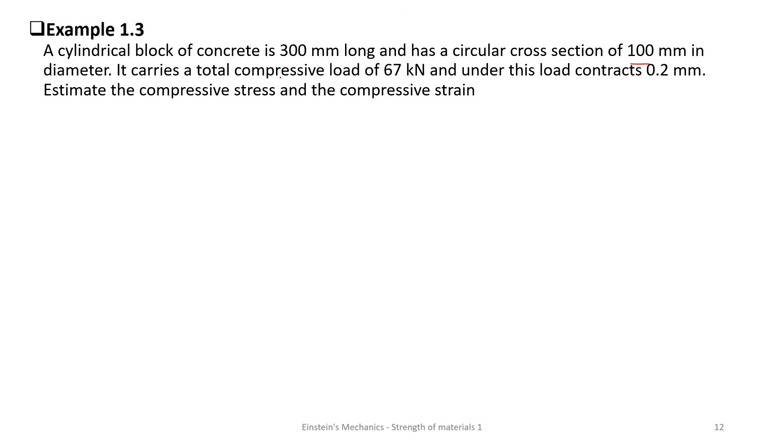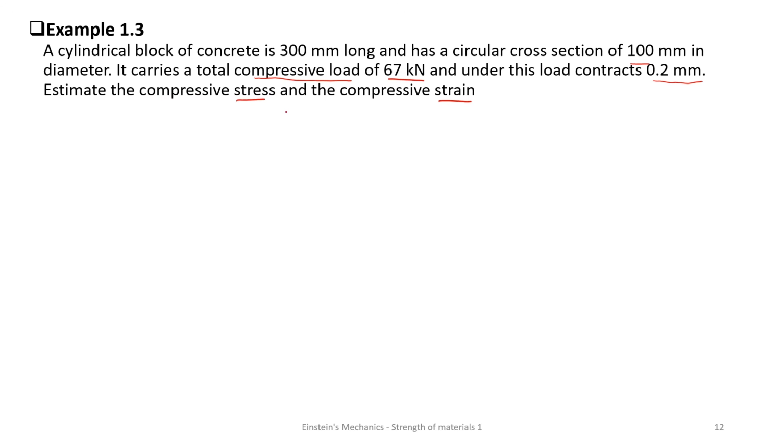It carries a total compressive load of 67 kilonewtons, and under this load contracts 0.2 millimeters. Estimate the compressive stress and the compressive strain. So in this example or problem, we are to estimate compressive stress and compressive strain.